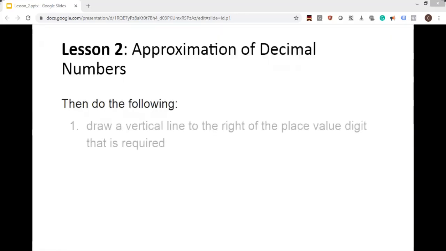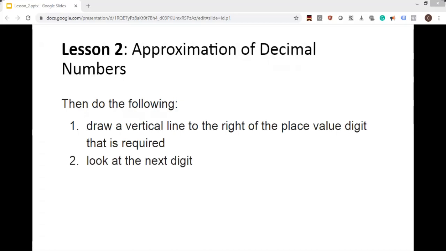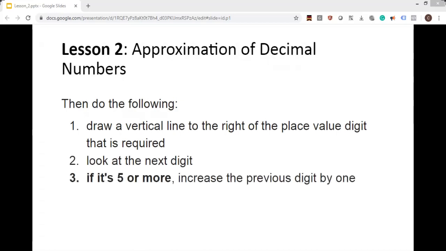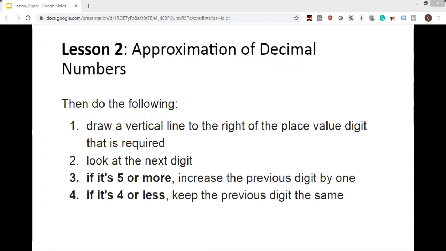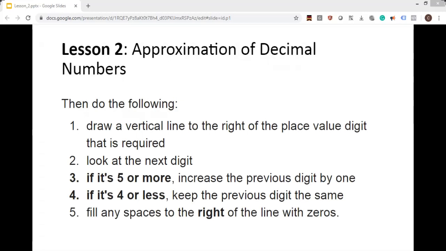Then you do the following. You draw a vertical line to the right of the place value digit that is required. You look at the next digit. If it is 5 or more, you increase the previous digit by 1. If it is 4 or less, you keep the previous digit the same, and you fill any spaces to the right of the line with zeros.